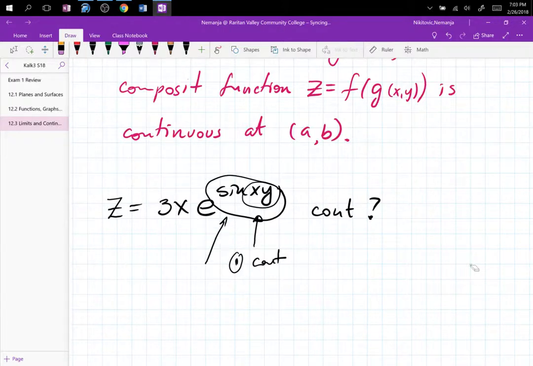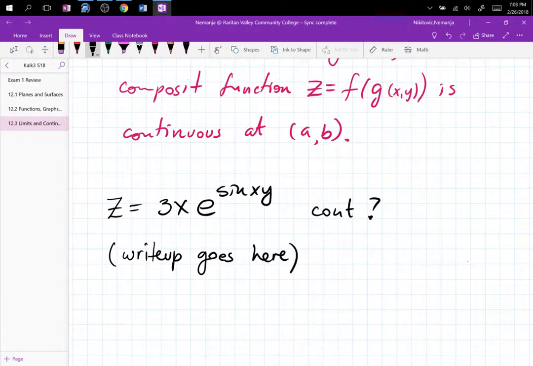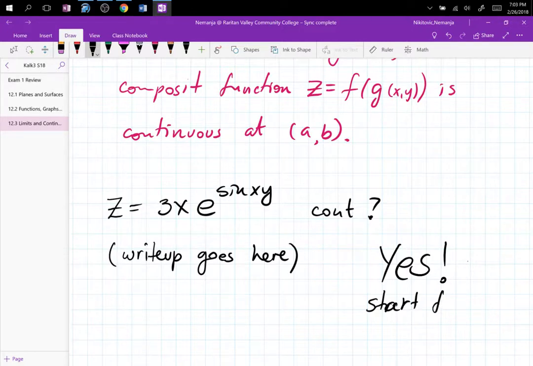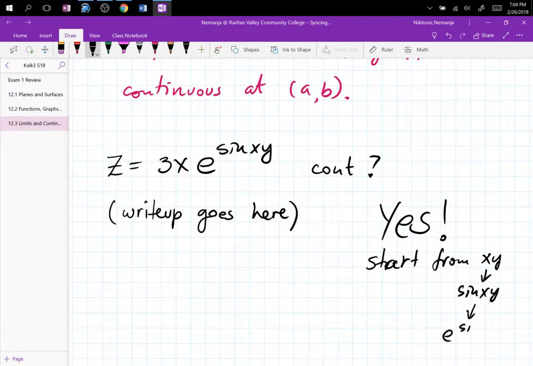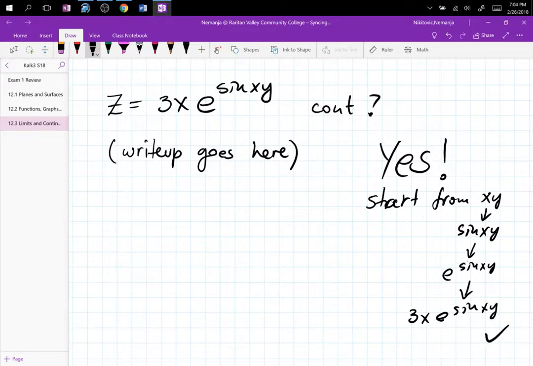I said this maybe 5 times, which excuses me for writing, so I'll just say write-up goes here. Continuous, yes. Start from xy, go into sine xy, go into e to the sine xy, and finally go into 3x e to the sine xy to show that it's continuous.